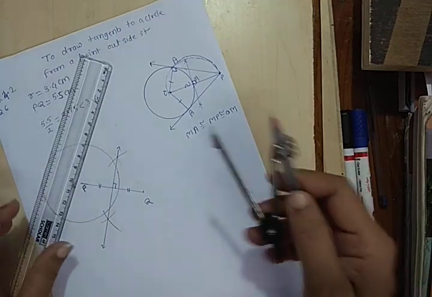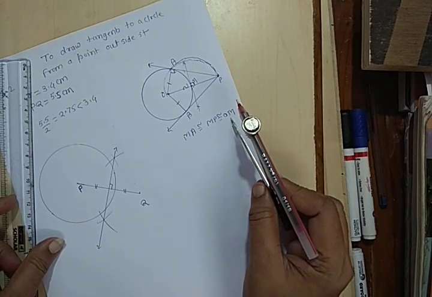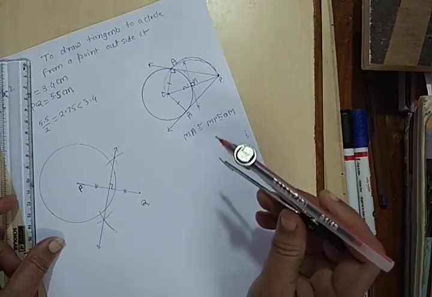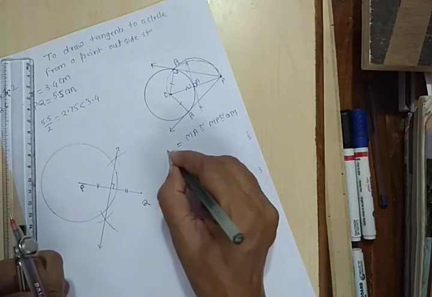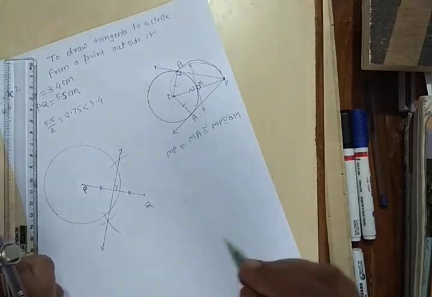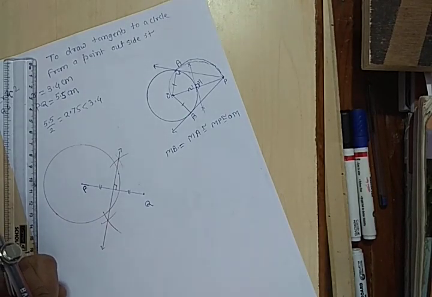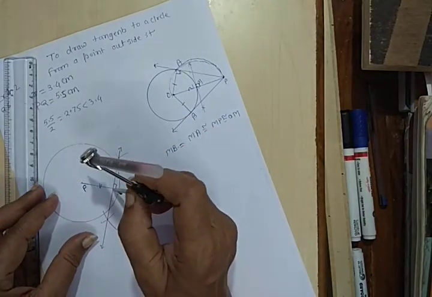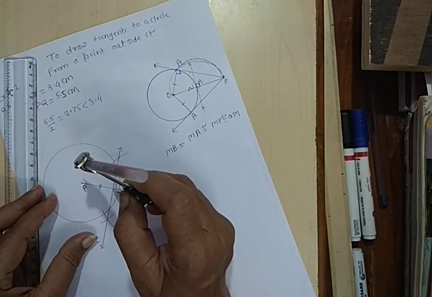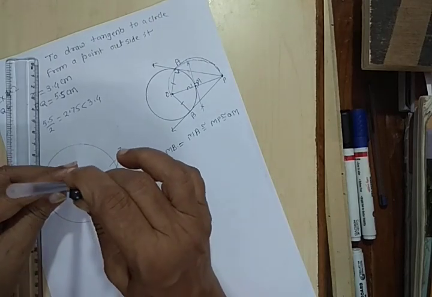Now we know that MA is equal to MP is equal to OM is equal to MB. Because on both sides, if it is a diameter, semicircles will be formed on both sides of the diameter.